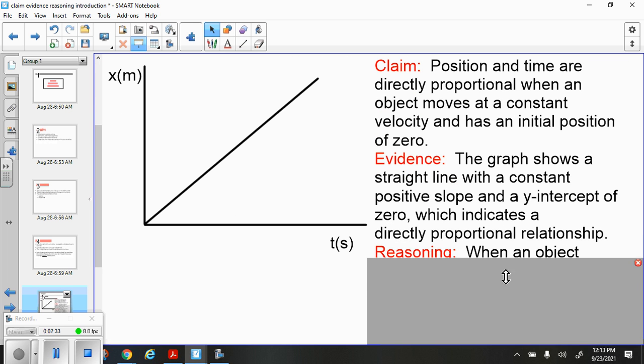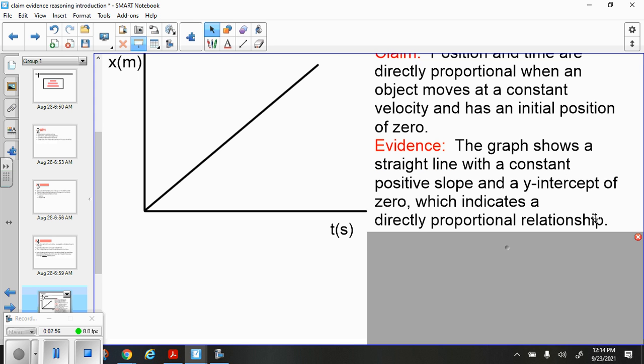Our evidence here would be the graph shows a straight line with a constant positive slope and a y-intercept of 0, which indicates a directly proportional relationship. So a directly proportional relationship between position and time. So notice that I have explained what the graph is showing, and then I have restated my claim.